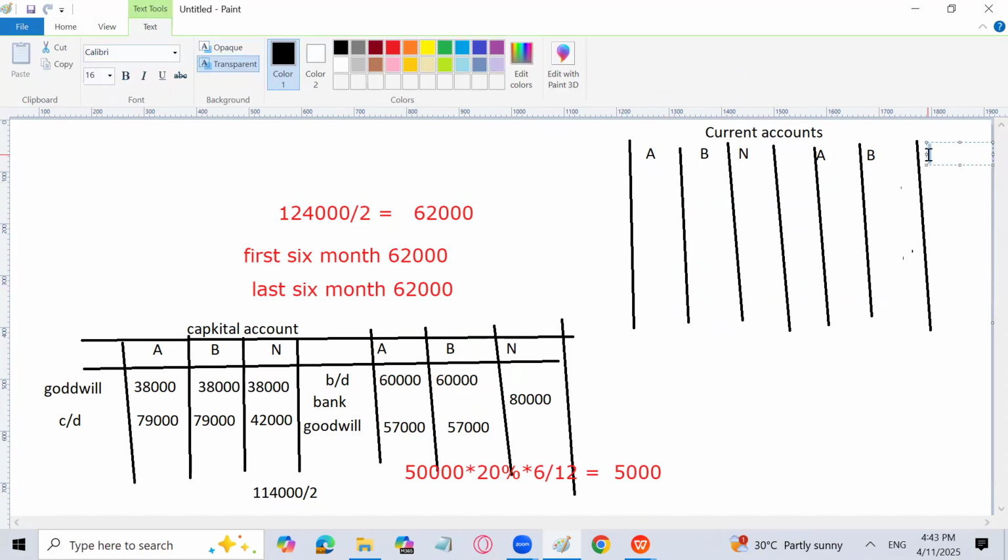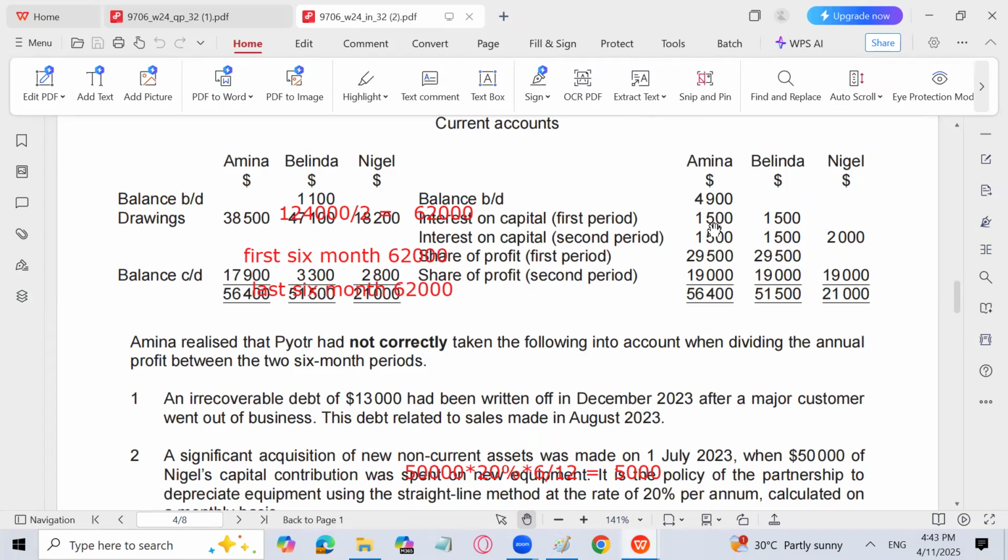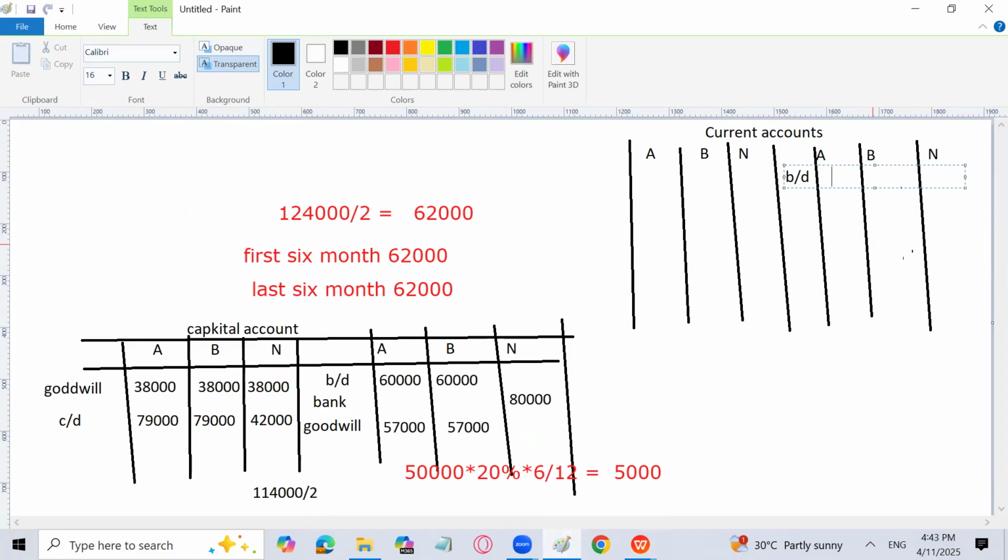I will write the dates down first. So the date for A is going to be in the current account section. We will go back to the question here. The balance brought down is 1400 for A, that is on the credit side, and balance brought down for B is a loss of 1100. So I write 1400 for A, and for B this is 1100 brought down.